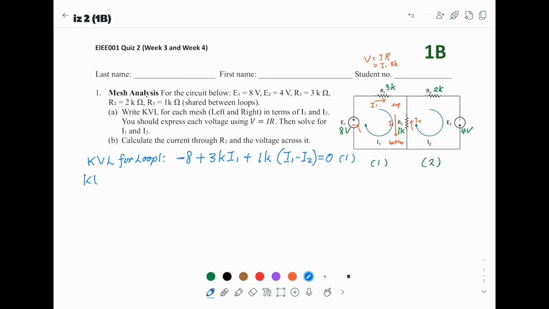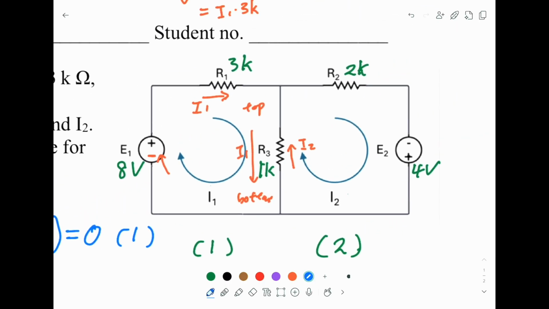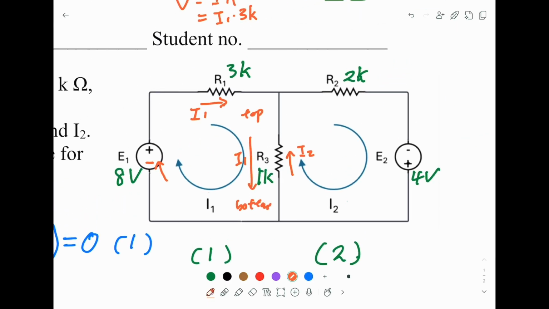Okay, KVL for loop 2. We use the same argument. I2, the direction is clockwise. When it enters E2, it enters from the negative side, so we should put negative 4.